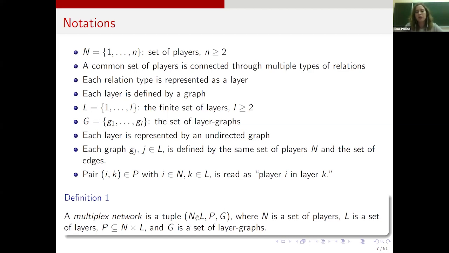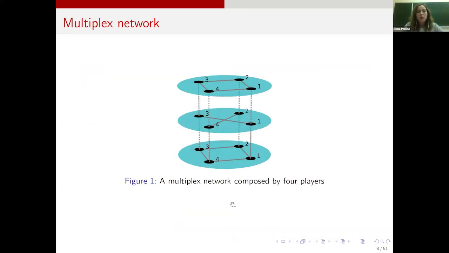It is given by this set of objects: the set of players, the set of layers, the set of player-layer pairs, and the set of layer graphs. For example, here you can see a 3-layer multiplex network with 4 players. We see that the players can be connected with different graphs here.